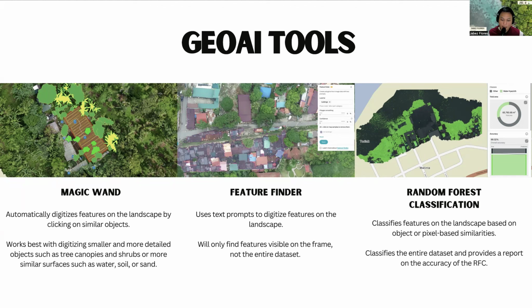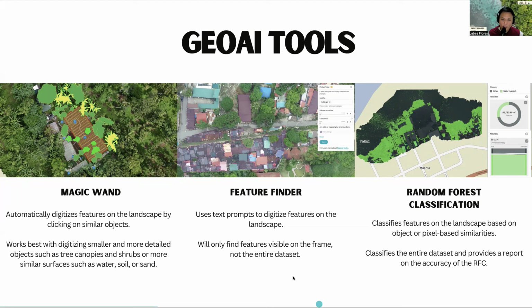By right-clicking desired features, say a particular tree species, an orange dot with a plus sign will appear. To avoid detecting other features on the landscape, left-click on them and a blue dot with a negative sign will appear. Now, what used to take hours manually digitizing and measuring features, GeoNadir can do in just seconds.